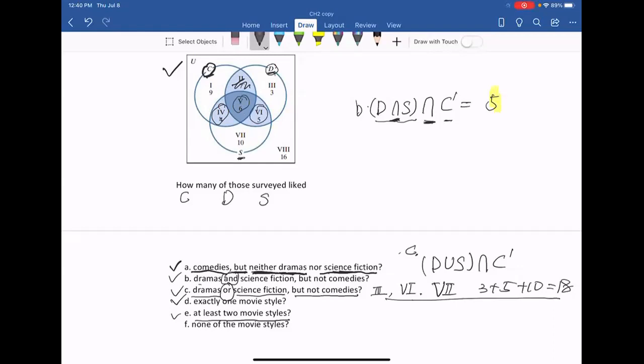So in these four regions, the people like at least two movie styles.